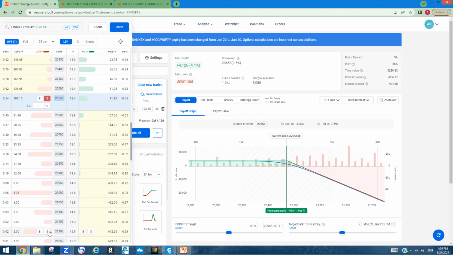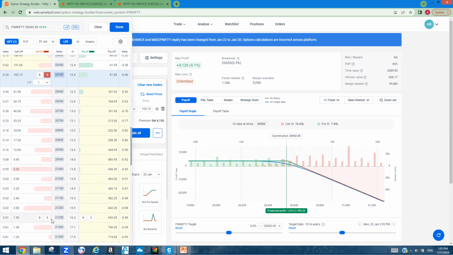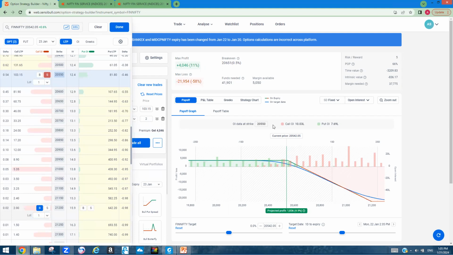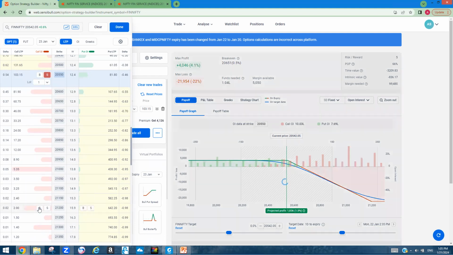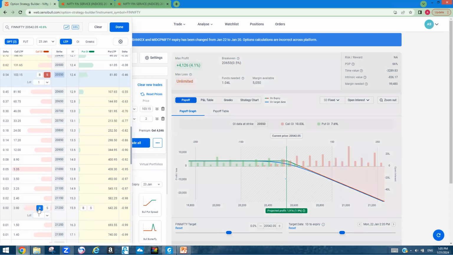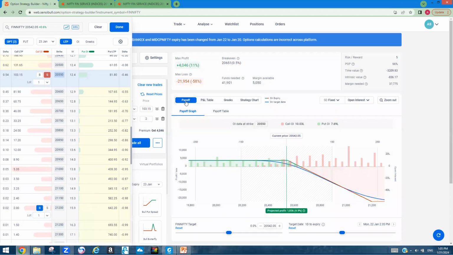If I buy the OTM, so let me buy this one just to have a better hedge. We can buy a 2 rupees hedge. See, the fund now required, before it was 1.04 lakh without this. With the hedge, it's now only 41,000.